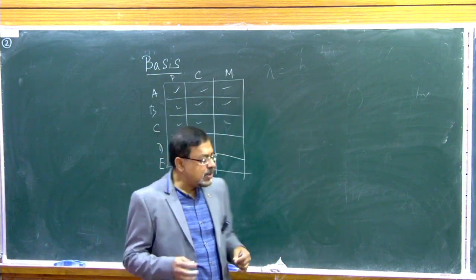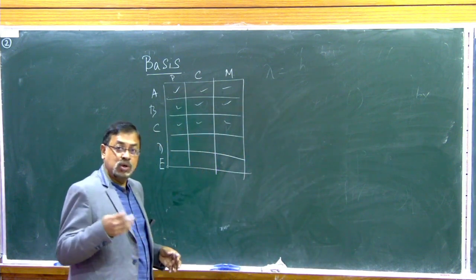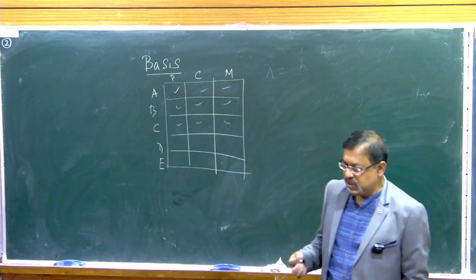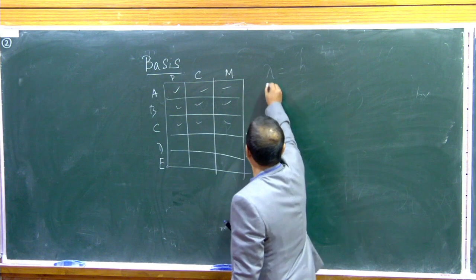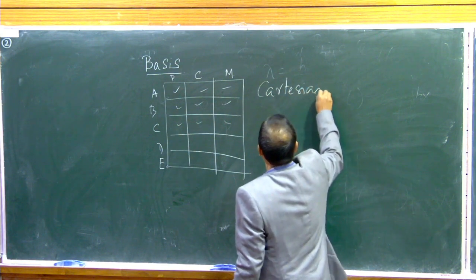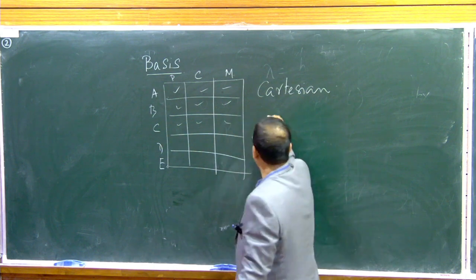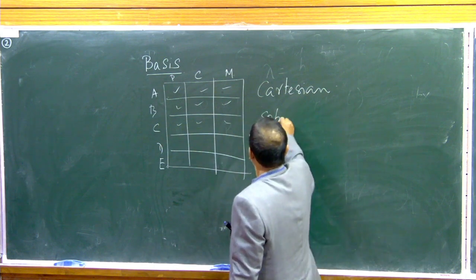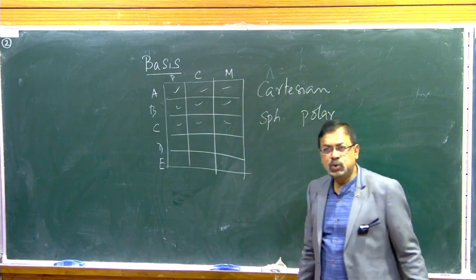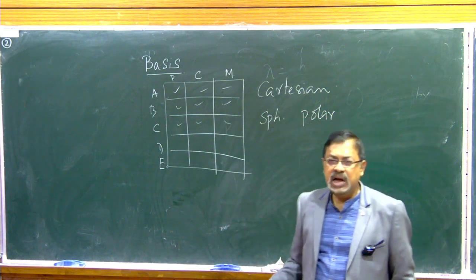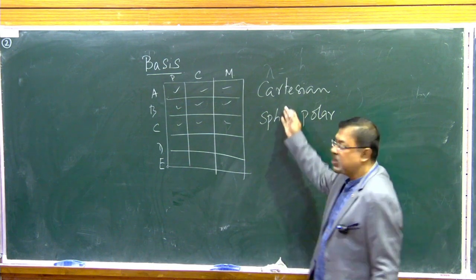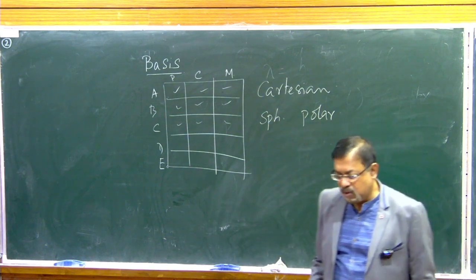For example, you have also looked at coordinate systems such as the Cartesian coordinate system. I'm talking about 3D, so let's talk about spherical polar, which is another one that you have been exposed to. You know what r, theta and phi are, and how the Cartesian coordinate system is related to the spherical polar coordinate system.